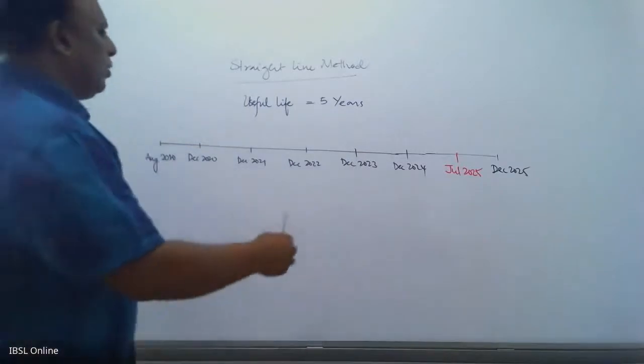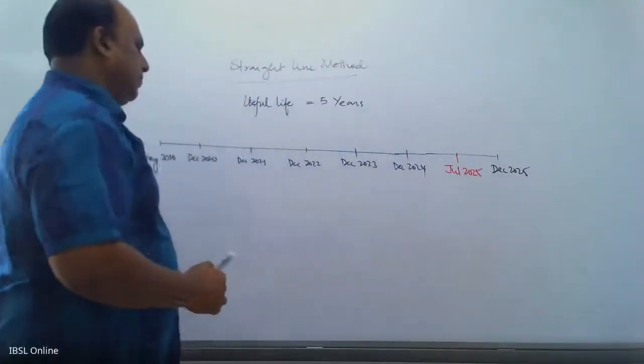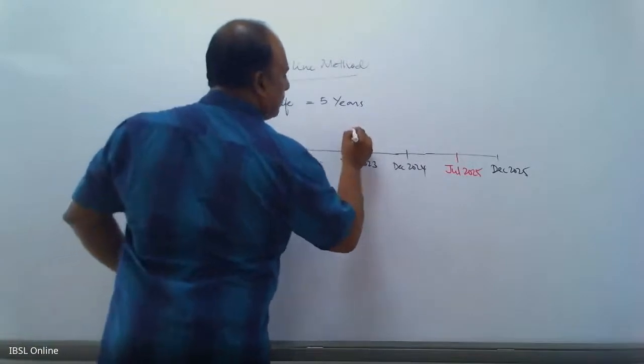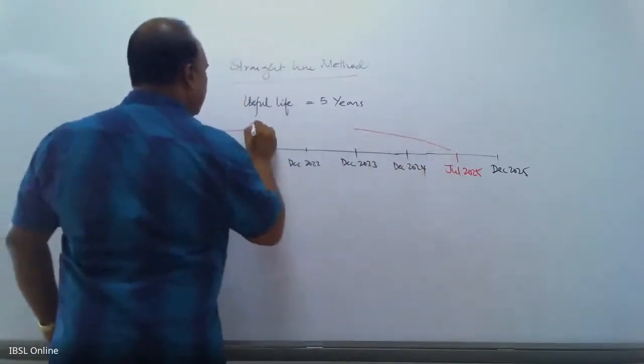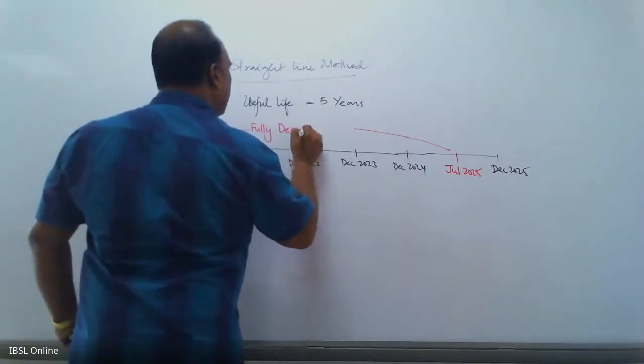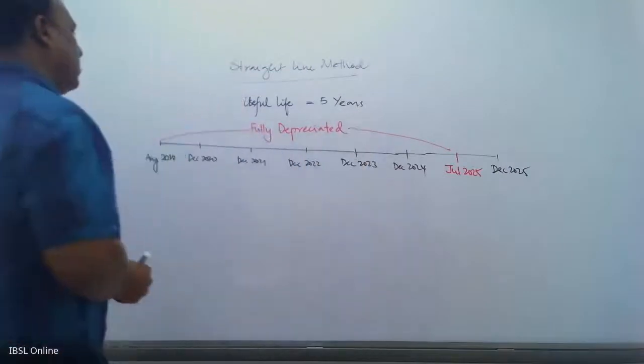So we will not go till December 2025 as far as this asset is concerned, because by this time this asset is fully depreciated. We call it as fully depreciated.